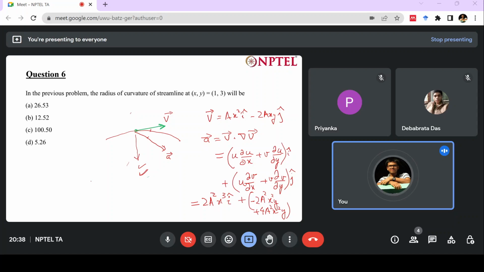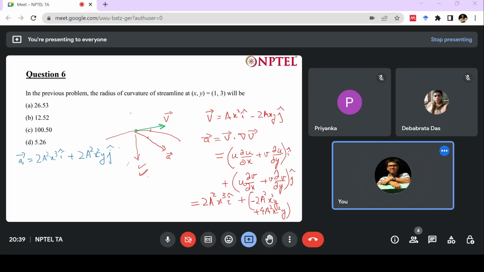So let me write it afresh here. So acceleration what we are getting is 2a square x cube i cap plus 2a square x square y j cap.